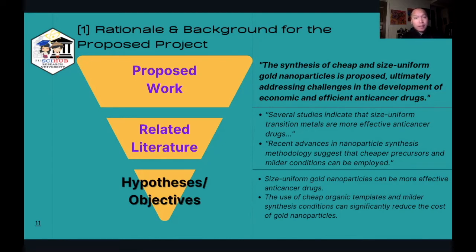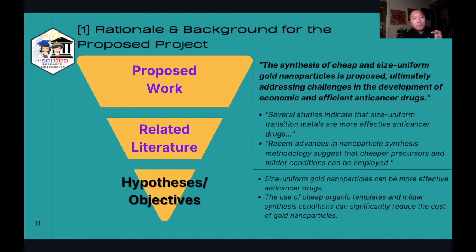That's one sentence you can further expound on. Like we said, typically we dedicate a paragraph for the first part of the rationale, and the second part is related literature. You start citing statements or findings from different studies that say, several studies indicate that size uniform transition metals are more effective anti-cancer drugs.